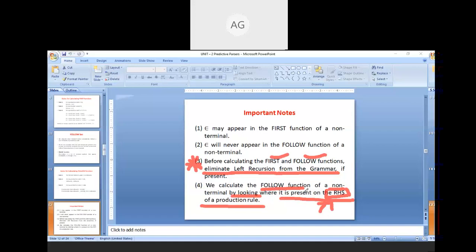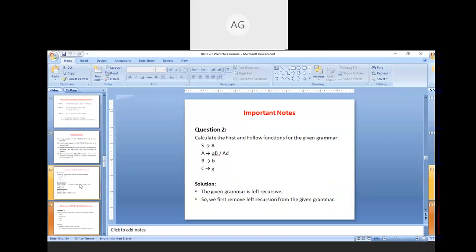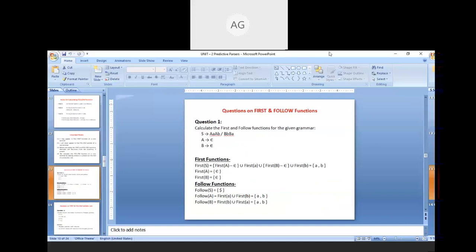So just remember these points. After that we are moving to the questions related to first and follow. So this is question number 1.